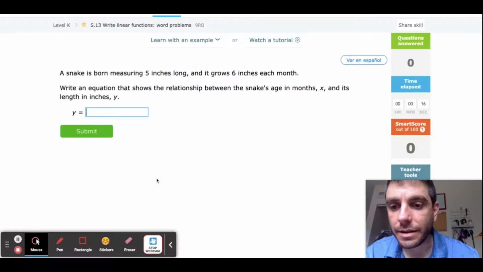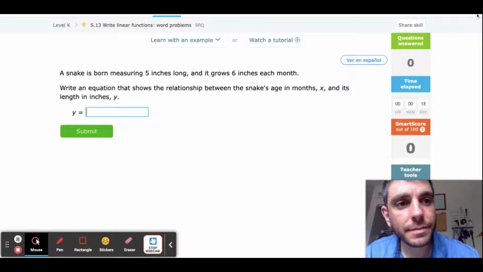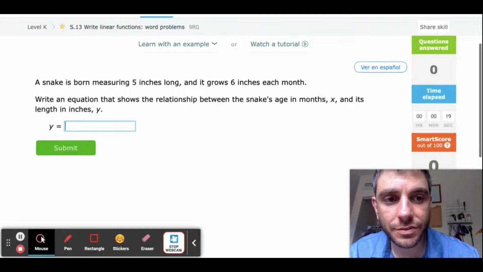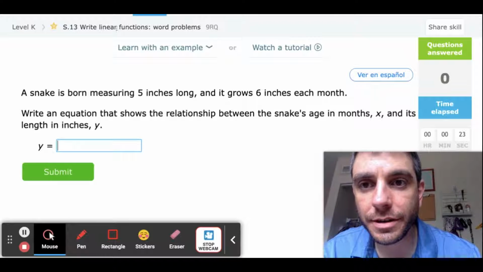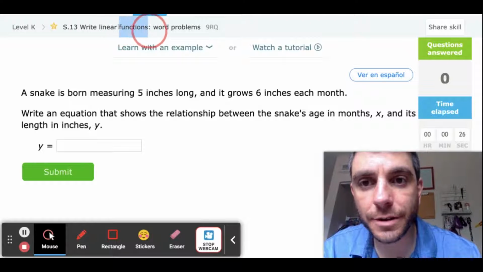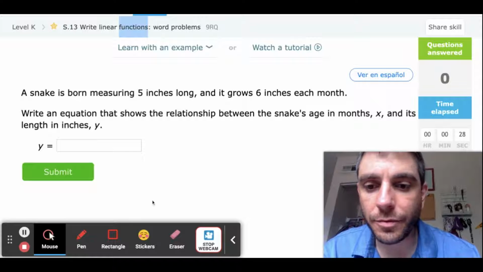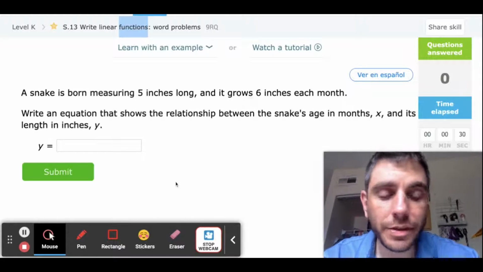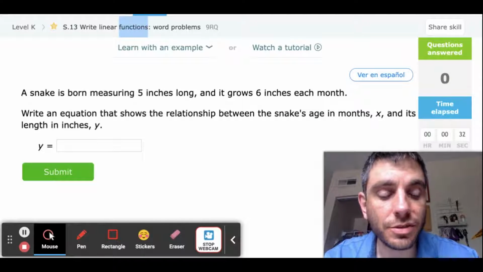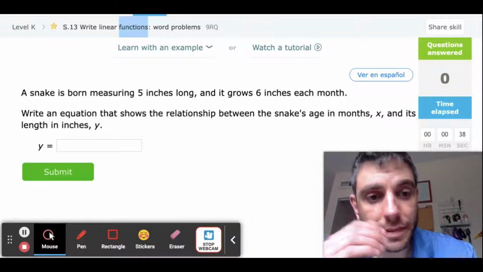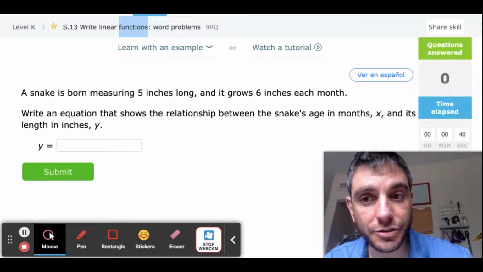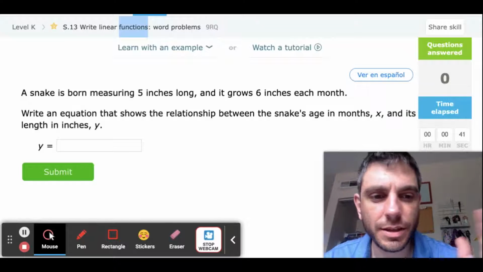All right. And when we're doing this, we're being asked to write a linear equation, otherwise known as a linear function. For now, just know that you can basically substitute the word function for equation, and you're going to be in okay shape. So if you see that word function, just think equation.